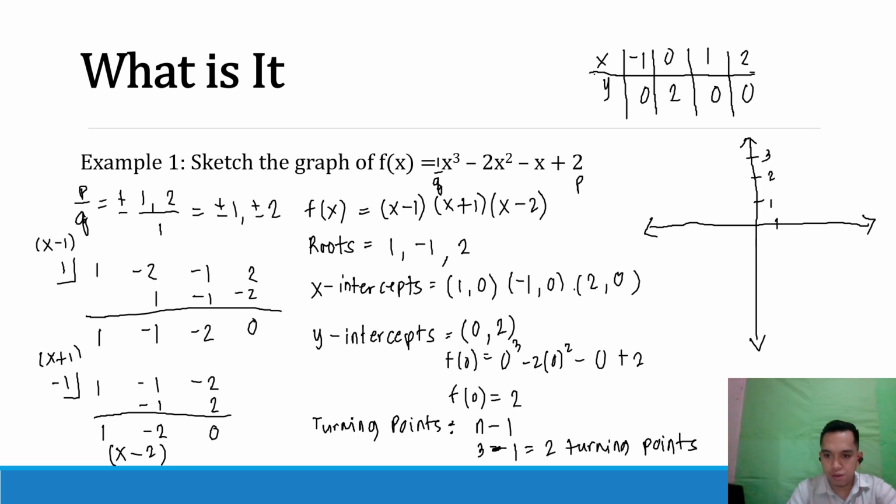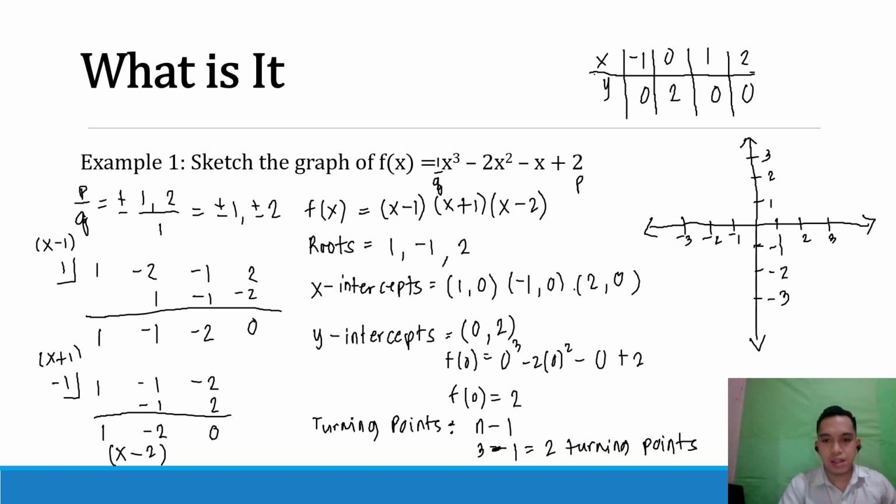Then we have also here 1, 2, and 3. Then dito naman sa kabila ay negative 1, negative 2, at negative 3. Then dito naman sa y, sa baba, ay negative 1, negative 2, then negative 3.